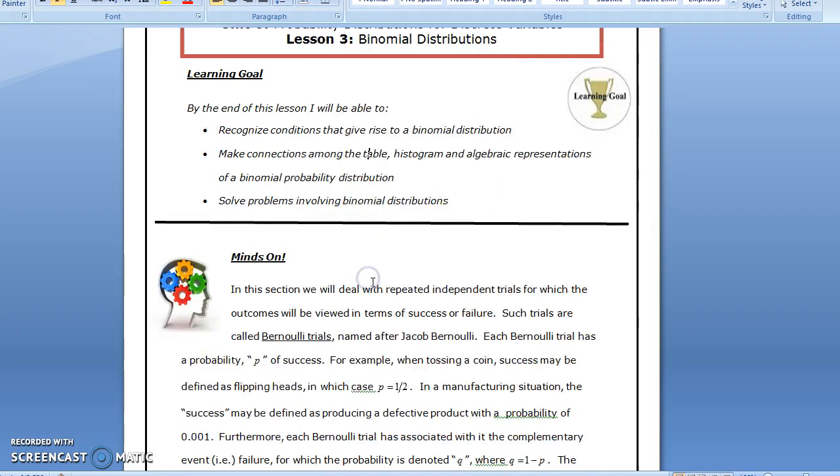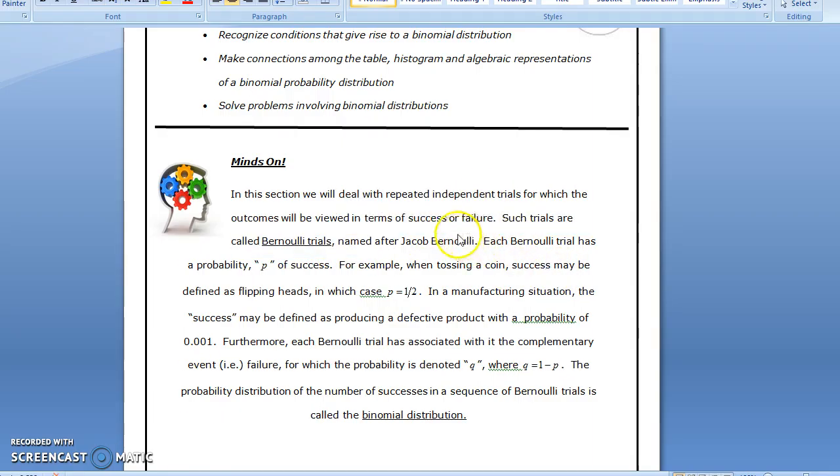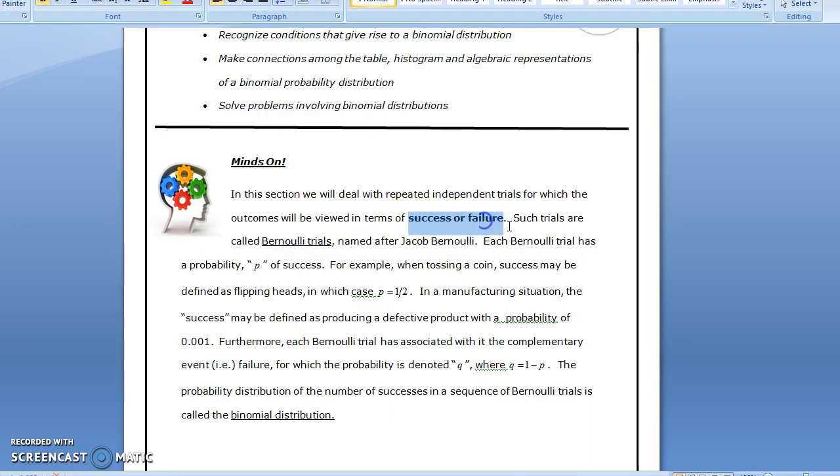And that's what it means up here where it says trials are called Bernoulli trials, because Bernoulli trials can be described in terms of a success or a failure. That is the most important thing about this. Anytime you're looking at a probability situation where you're repeating a trial over and over again, and we're talking about whether it succeeds or fails, we're talking about it in terms of a Bernoulli trial.